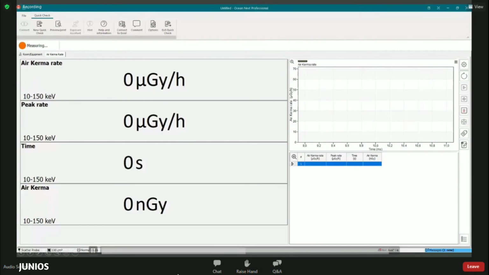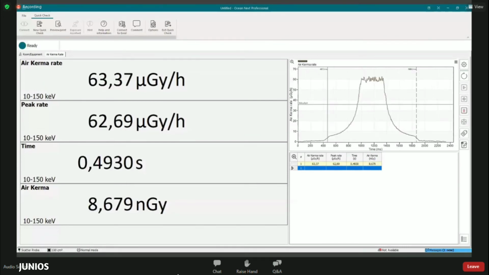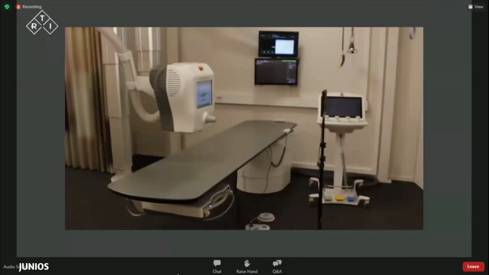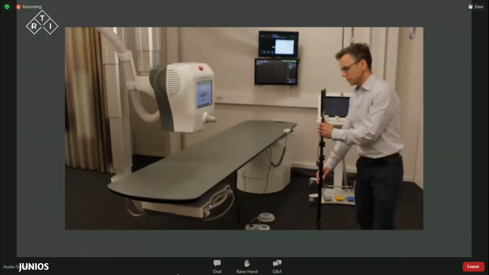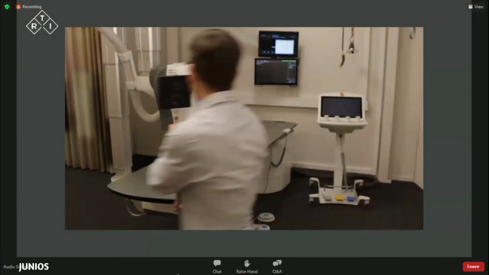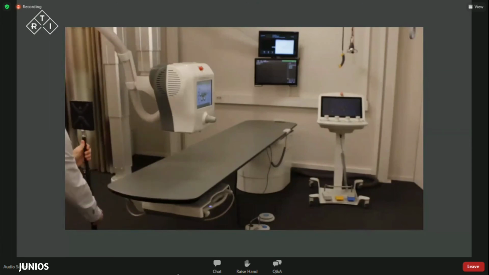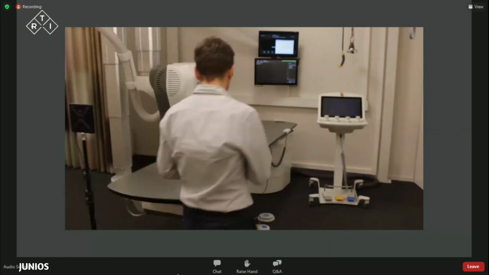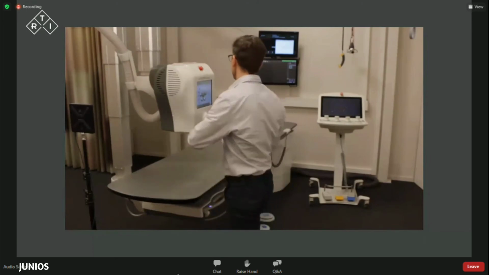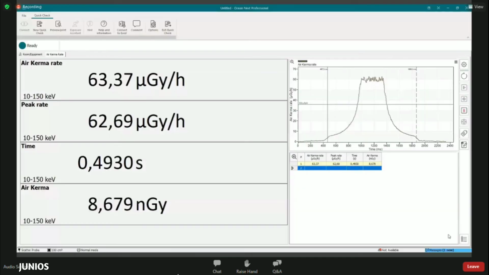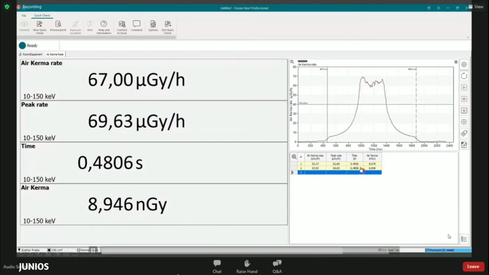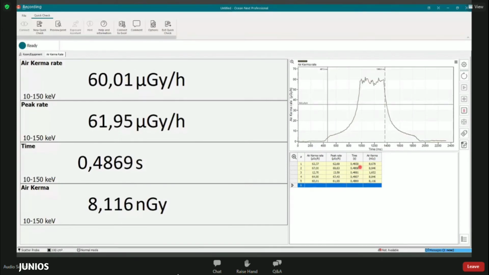You can see here the exposure coming in the display of the scatter probe. Then for the next measurement, the scatter probe is moved to the next position. Again, verify the 1 meter distance from the focal spot, and an exposure is done. You see here the second exposure, and then you repeat the same for the remaining positions.